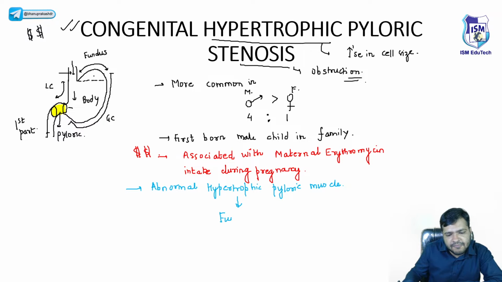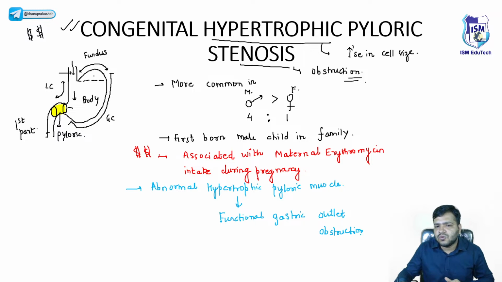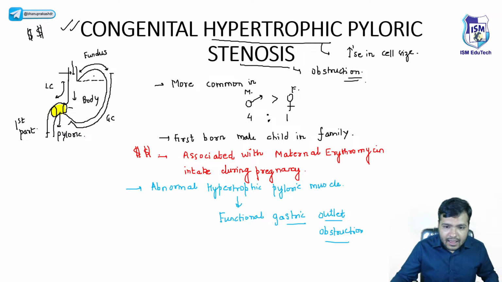It will lead to functional gastric outlet obstruction. Okay, obviously बात है, the contents of the stomach will not be able to pass into the duodenum, so that is the functional gastric outlet associated with the stomach. The outlet is blocked, obstructed, so it is called as the functional gastric outlet obstruction.